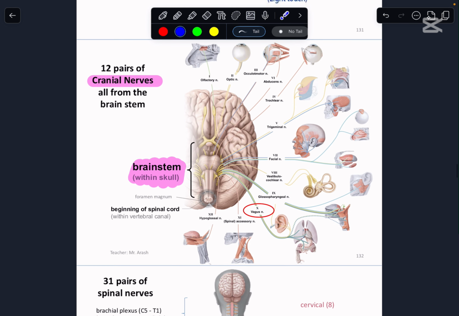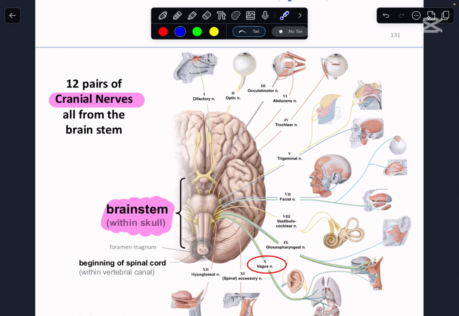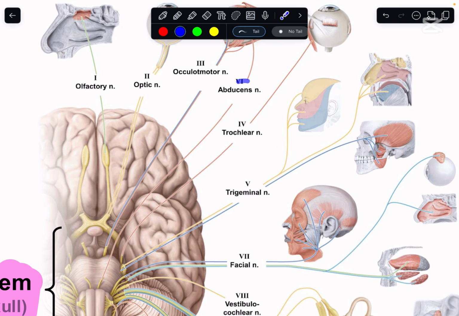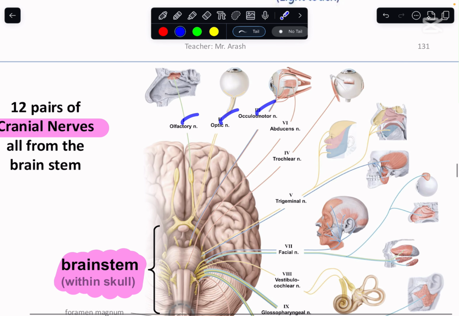What I want you to know for the test in terms of the cranial nerve number: you can see this is number 1, 2, 3, 4, 5, 6, 7. I know the position is different, but that's how it is. Let me use a different color here. This is 6, actually.